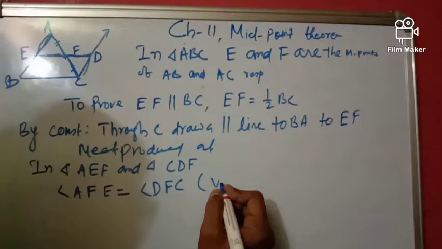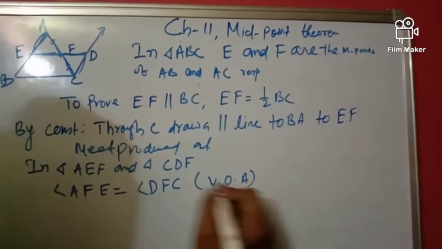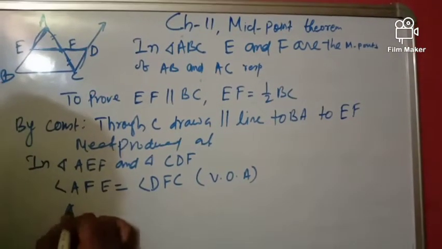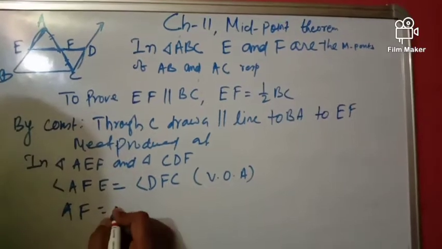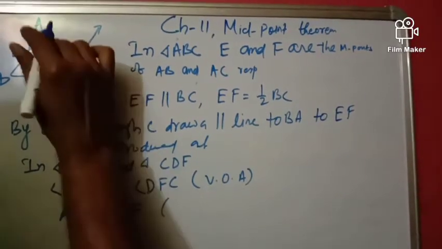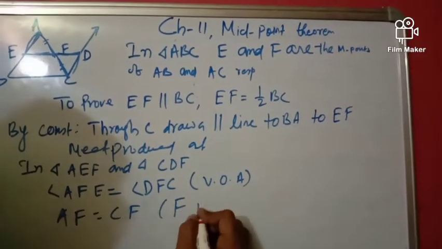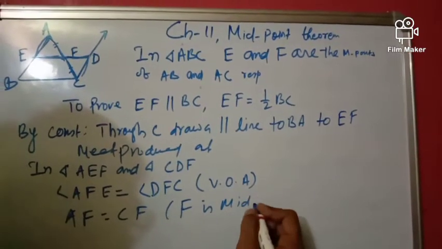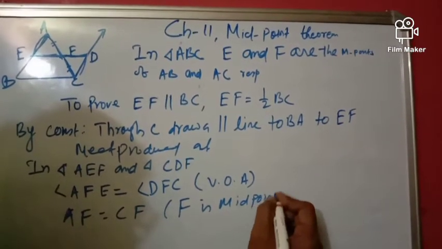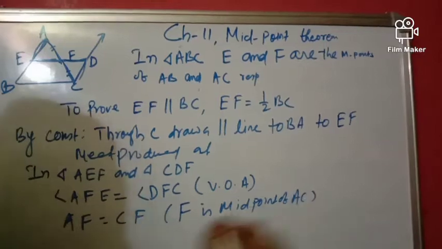Why? Vertically opposite angles are equal. AF equal to CF. Why? Because F is the midpoint of AC.